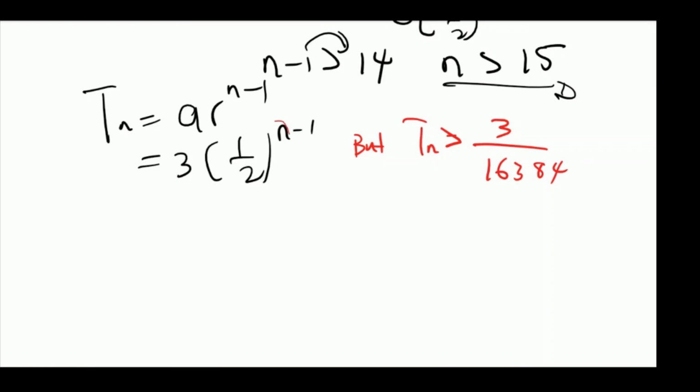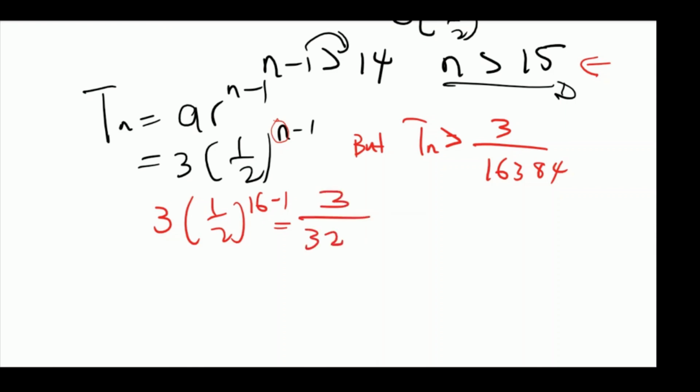So if you substitute n equals to 16 maybe, because we found n greater than 15, you're going to get a solution of 3 over 393216. So this value here is actually less than this one here. So your Tn is not greater than this expression here.